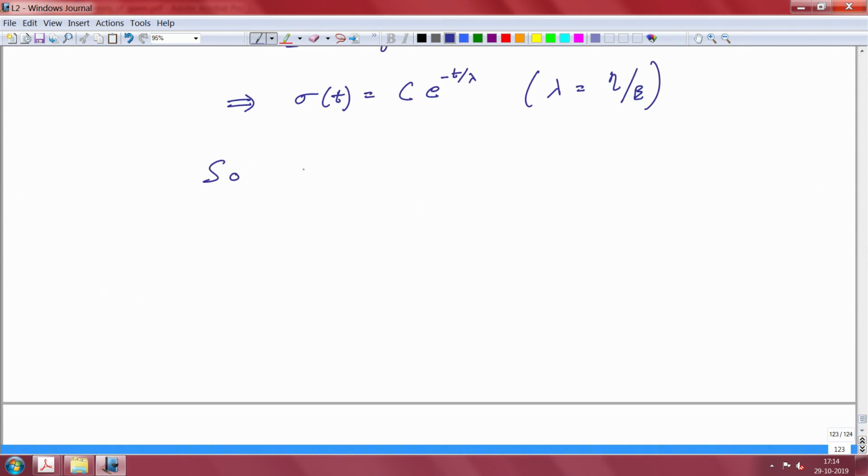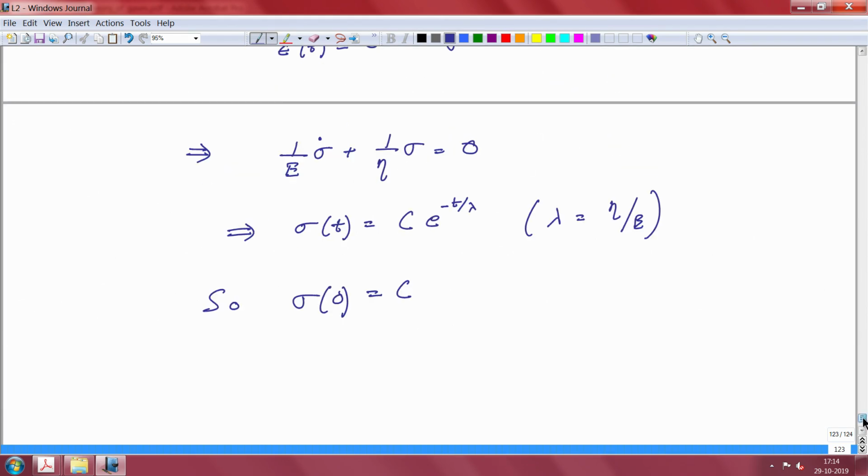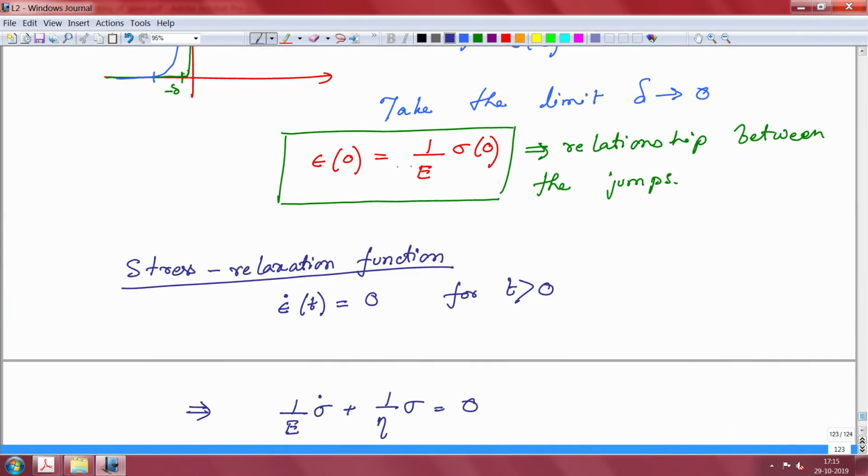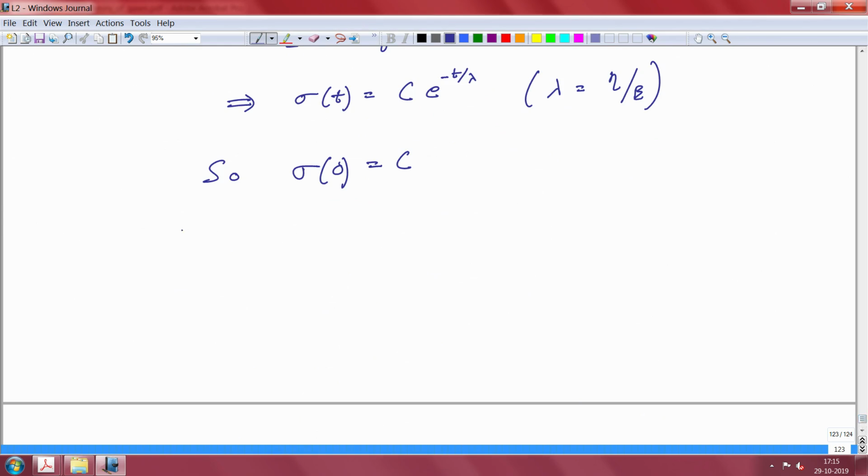So, sigma 0 is equal to your constant, right, and we know that sigma 0, the relationship between the two is this. So, this epsilon 0 is the given quantity, the quantity that has been provided to you. So, you can write it as sigma t equal to E times epsilon 0.